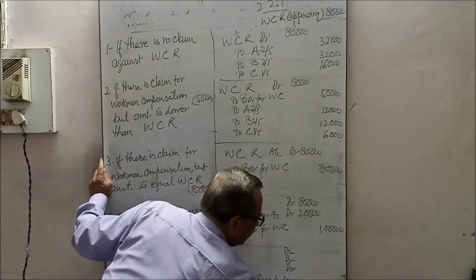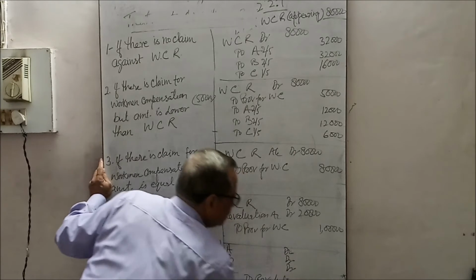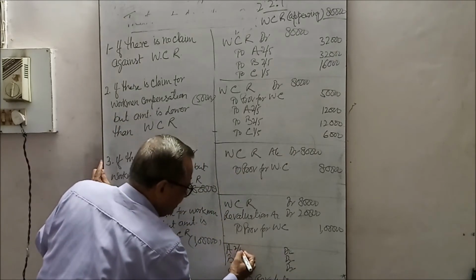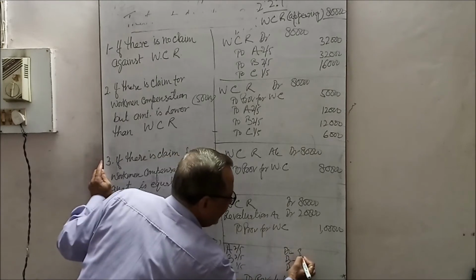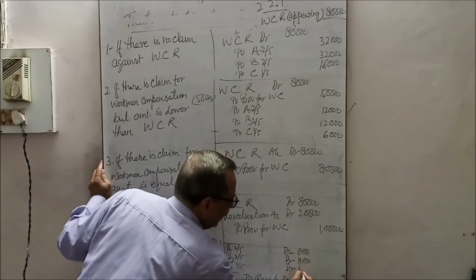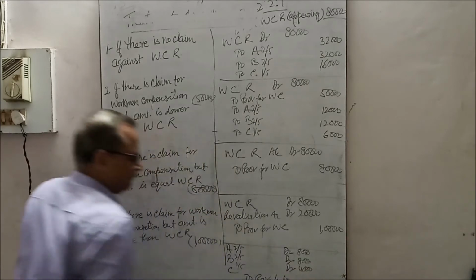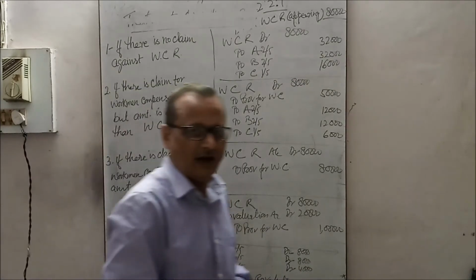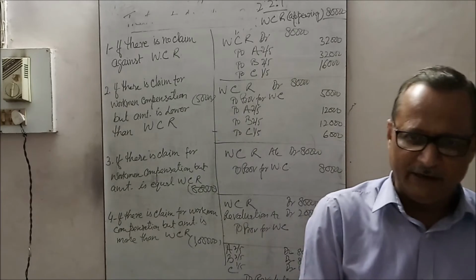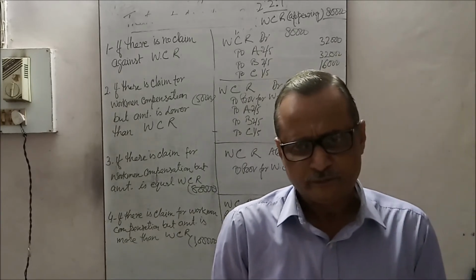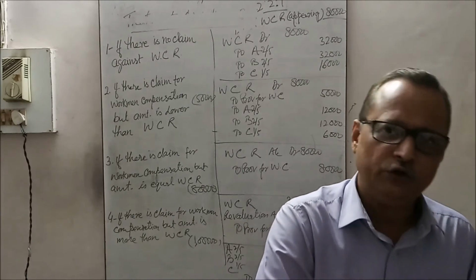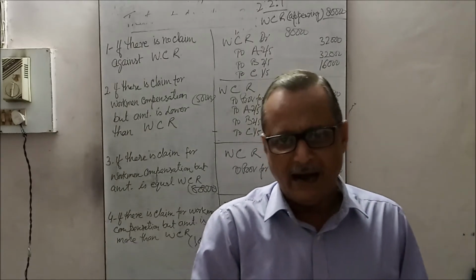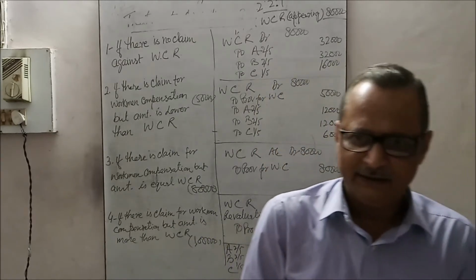That is 20,000 should be divided between A, B, C in 2/5, 2/5 and 1/5, that is 8,000, 8,000 and 4,000. I think it is clear now, the treatment of workmen compensation reserve. So when the question is asked, you must pass the entries like this.